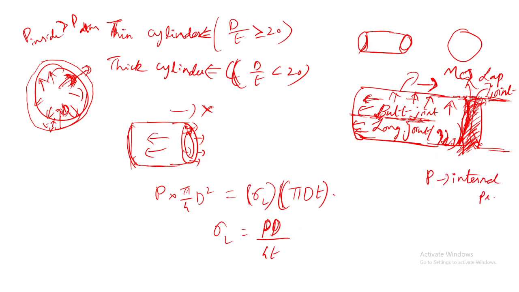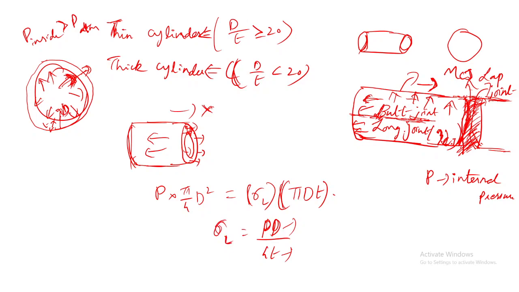Sir, pi d square t or dt? Pi dt only, because the circumference is pi d multiplied by its thickness. And D is the diameter of the shell and t is the thickness of the shell. So this is called longitudinal stress.